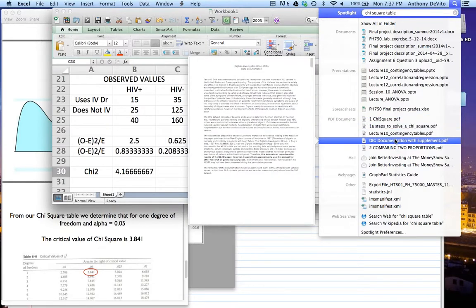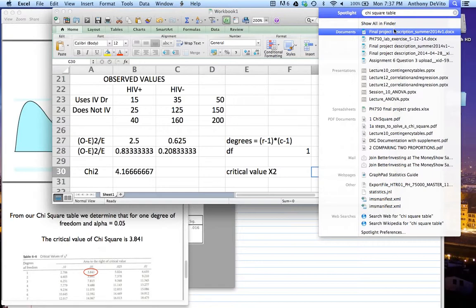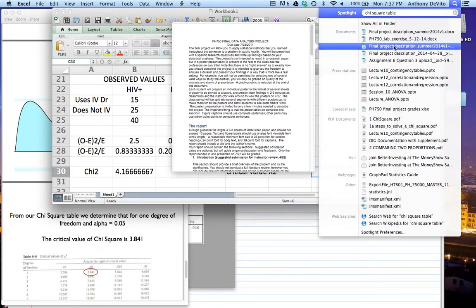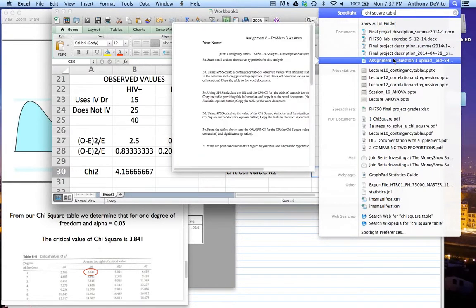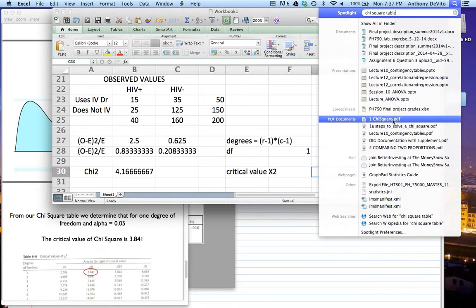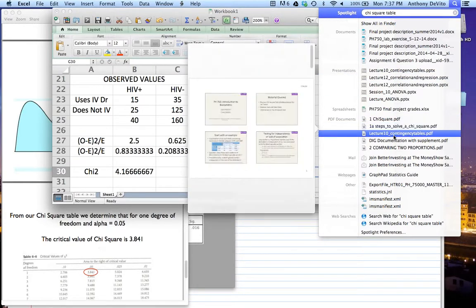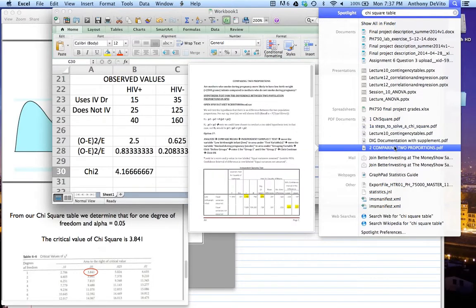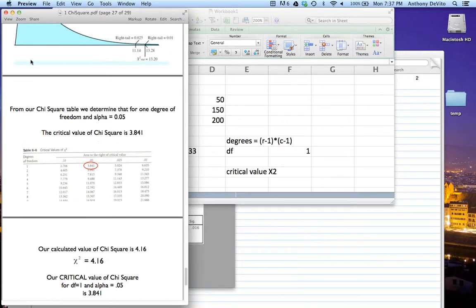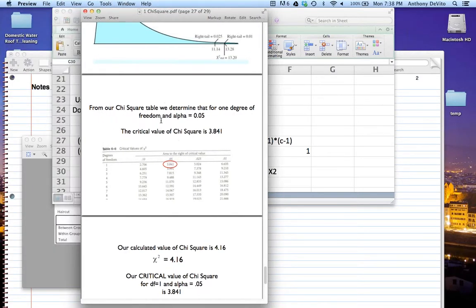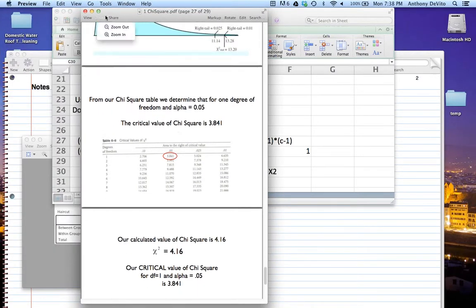I'm pretty sure I posted one. Come on. Help me out here. Chi-square. Well, I'll tell you what. I'm going to blow this up because I have a chi-square table on here.